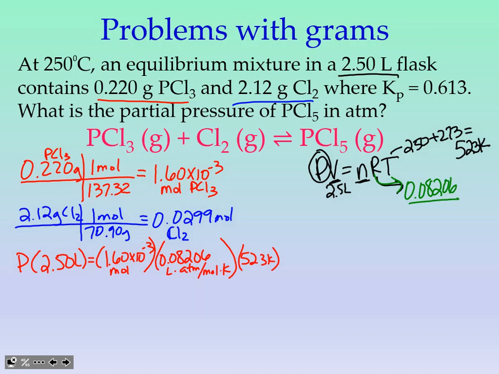For the partial pressure of PCl3, I got 0.0275. Sounds correct. 0.0275 atm. Good. Now let's do the other one.